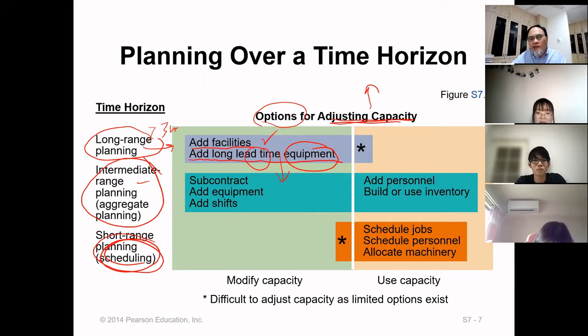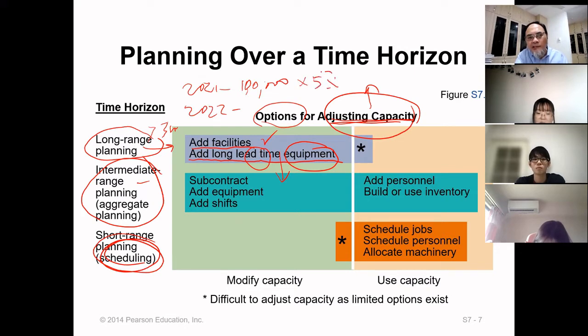So when there is a jump in capacity, for example in 2021 the demand is only say 100,000 flights or passengers. Suddenly in 2022, say it becomes fivefold, say 500,000.